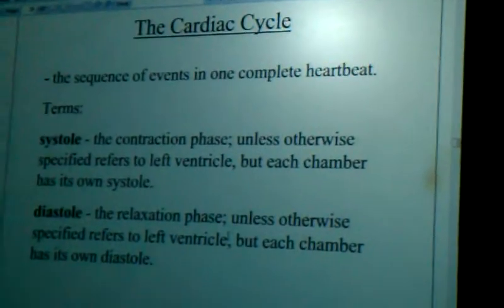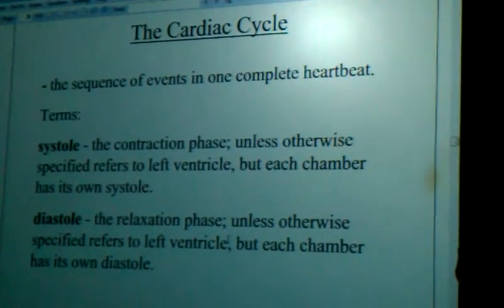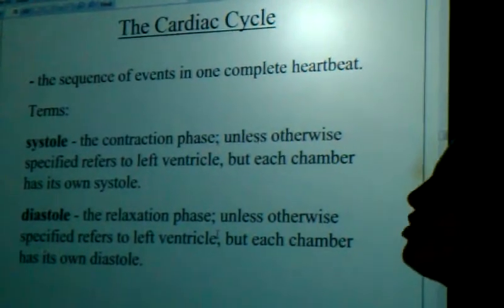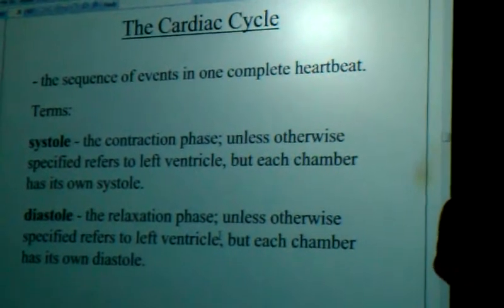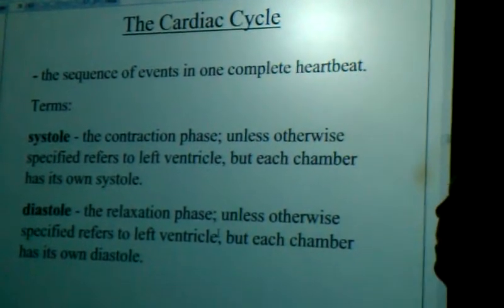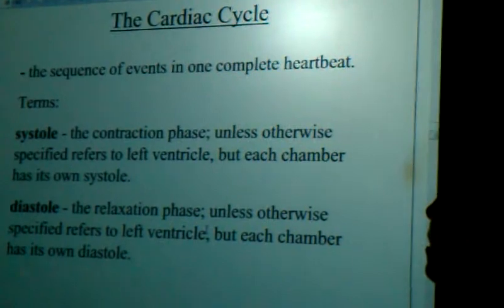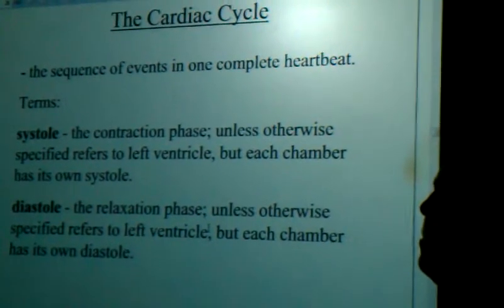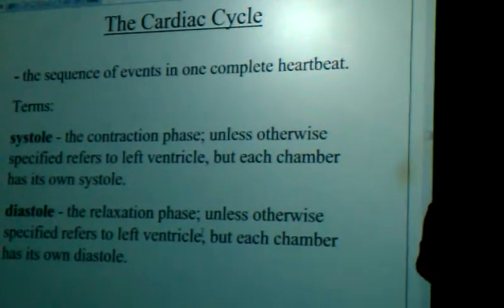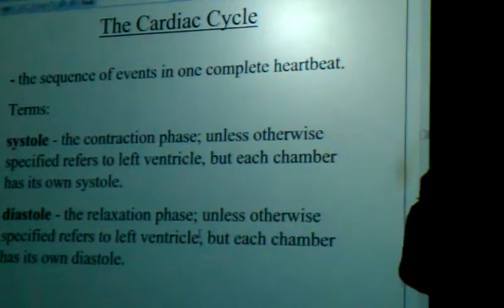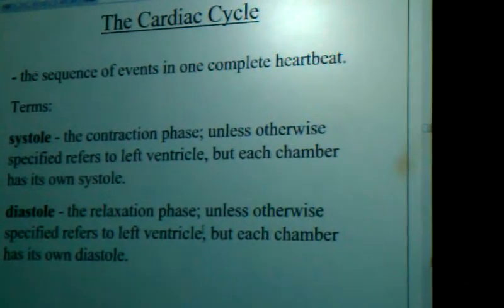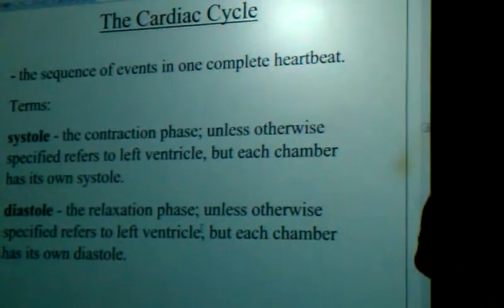But the first thing we want to do is look at the 2 main states that the heart can be in, and that's what we have listed here: these 2 terms, systole and diastole. The term systole is the state of the heart in contraction.